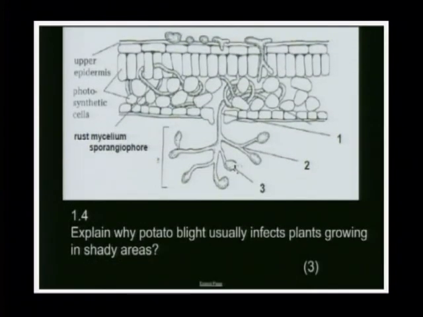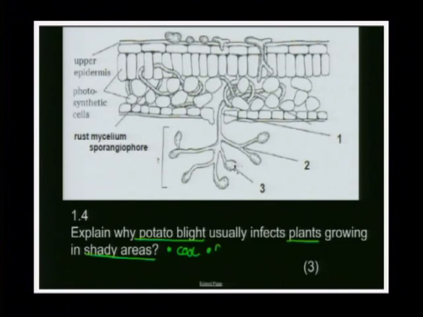Still with the same diagram, explain why potato blight usually infects plants growing in shady areas. In shady areas, remember that it is cool, that it is dark, and that it is also moist, in that there's plenty of water in the shade.